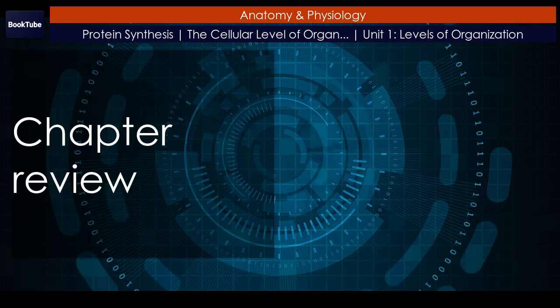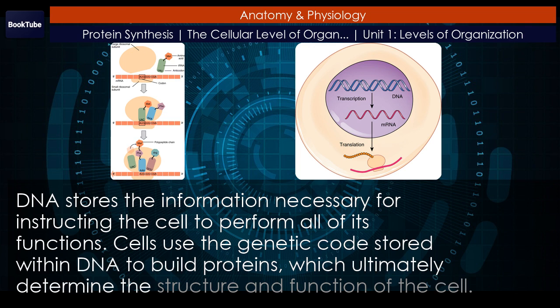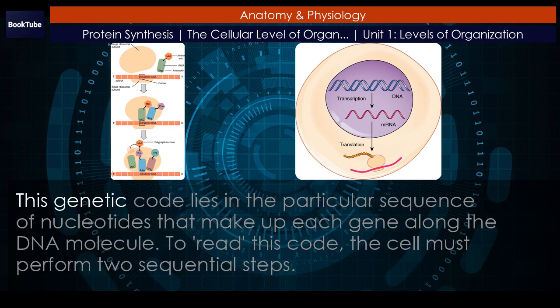Chapter Review. DNA stores the information necessary for instructing the cell to perform all of its functions. Cells use the genetic code stored within DNA to build proteins, which ultimately determine the structure and function of the cell. This genetic code lies in the particular sequence of nucleotides that make up each gene along the DNA molecule.